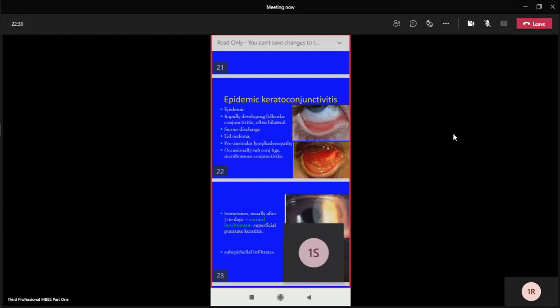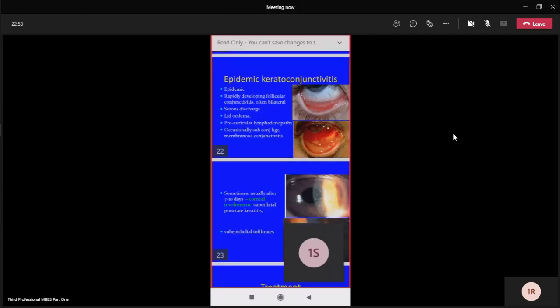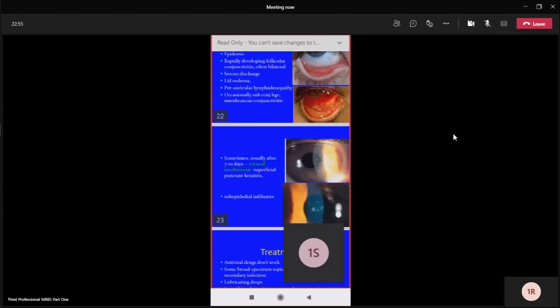There will be lid edema, preauricular lymphadenopathy, and occasionally subconjunctival hemorrhage with membranous conjunctivitis. Sometimes after 1 week, there may be a chance of corneal involvement like superficial punctate keratitis or subepithelial infiltrates.